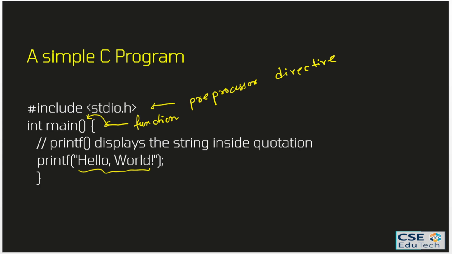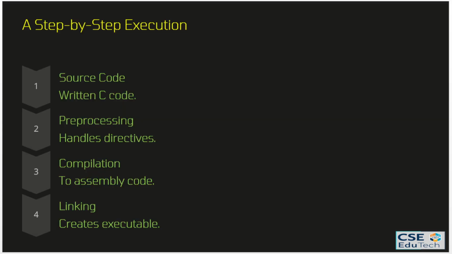Now we'll show the step by step execution of a C program. First is the source code. Source code means the C code that we have written.